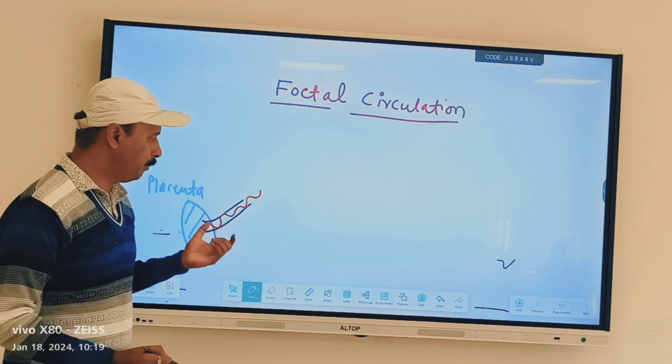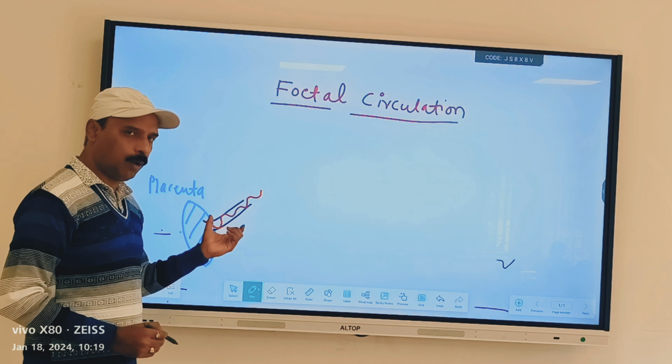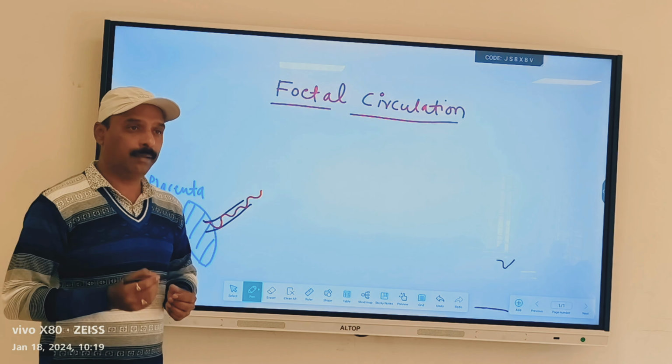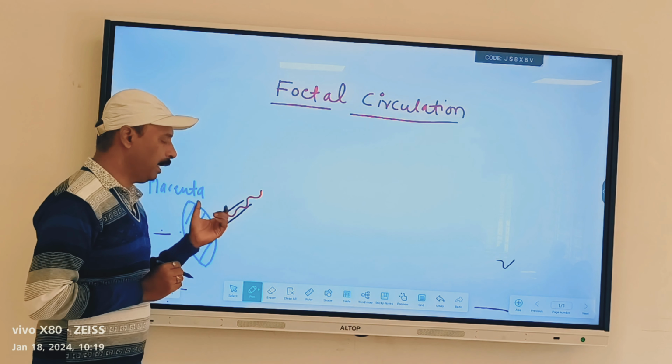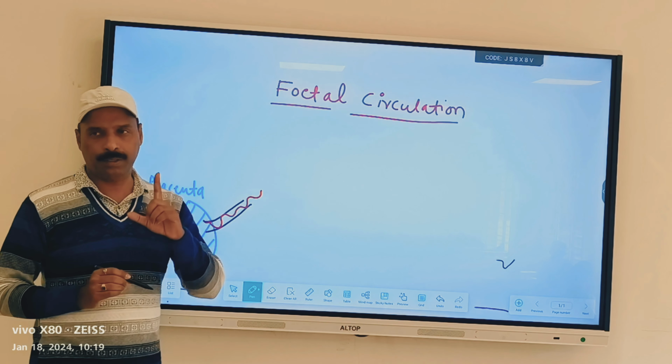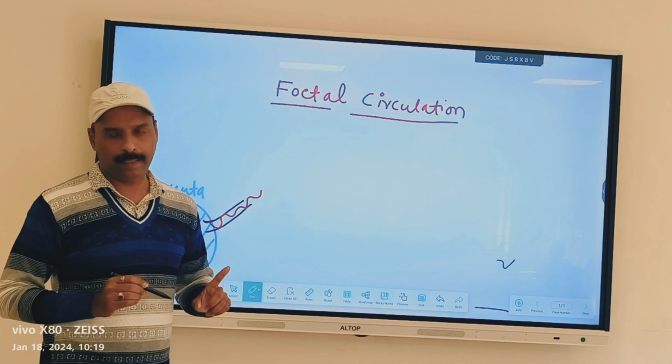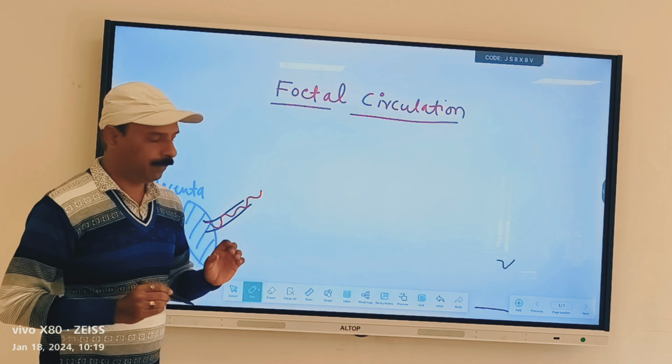So I have told placenta, umbilical cord; the umbilical cord contains the umbilical vein, and this umbilical vein is carrying oxygenated blood.